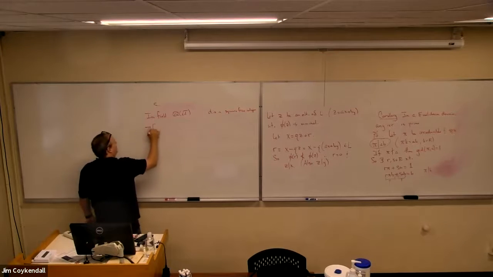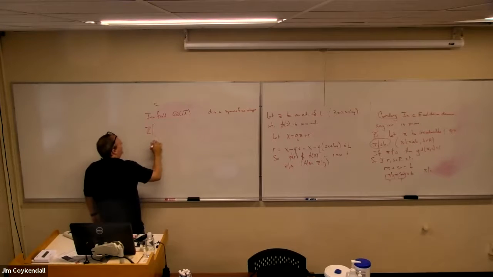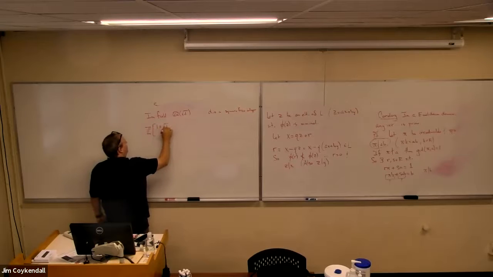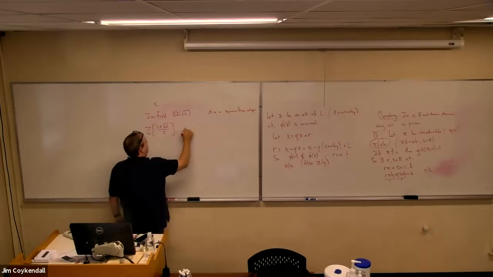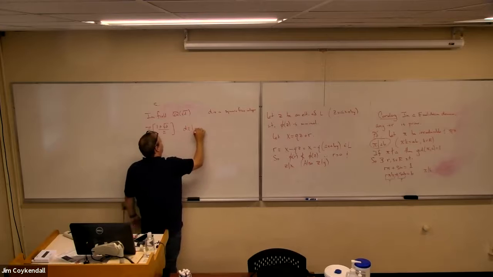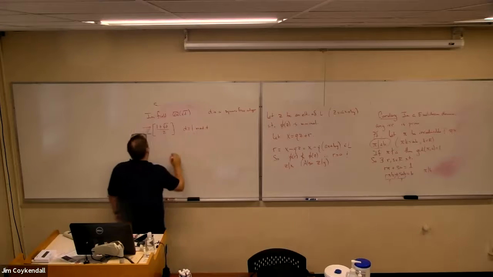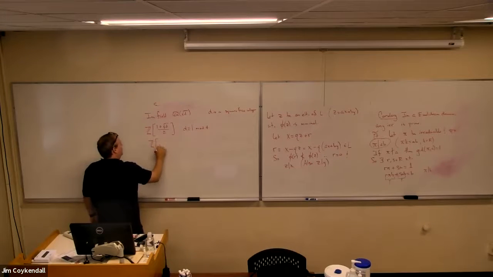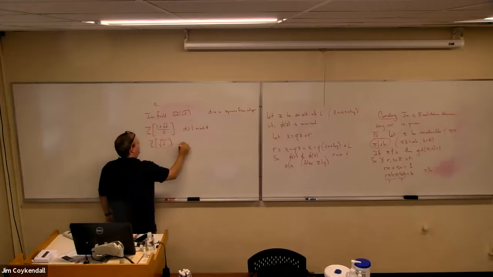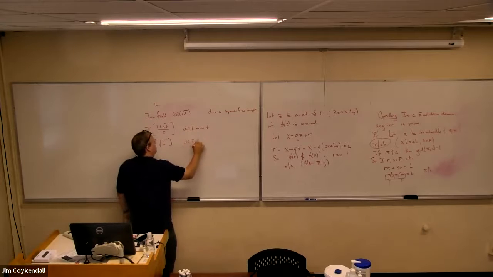These are called rings of algebraic integers, and they are of the form Z adjoined (1 plus square root of D) over 2 when D is equivalent to 1 mod 4, and Z adjoined square root of D when D is equivalent to 3 mod 4.